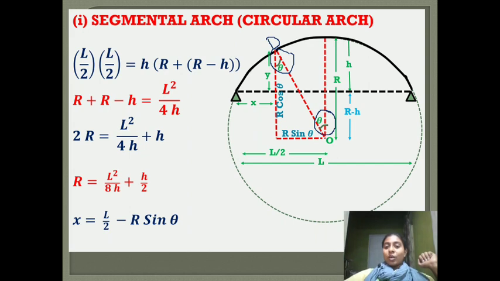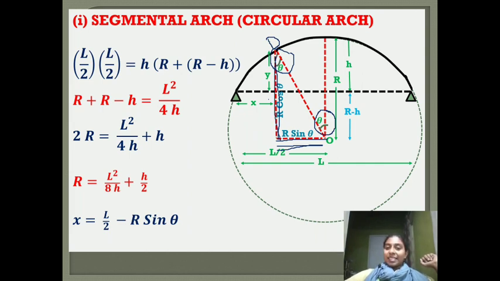This is our vertical line from D, and this is our horizontal line towards O, extending from the section D. So we have a right angled triangle. This distance is r sin theta, and this distance is r cos theta.